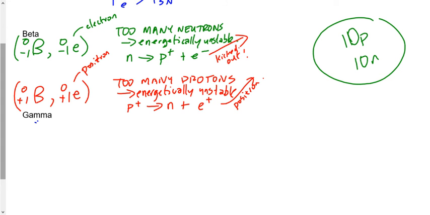Finally, gamma decay. How many protons in a gamma ray? How many neutrons in a gamma ray? Nothing. What is gamma radiation?